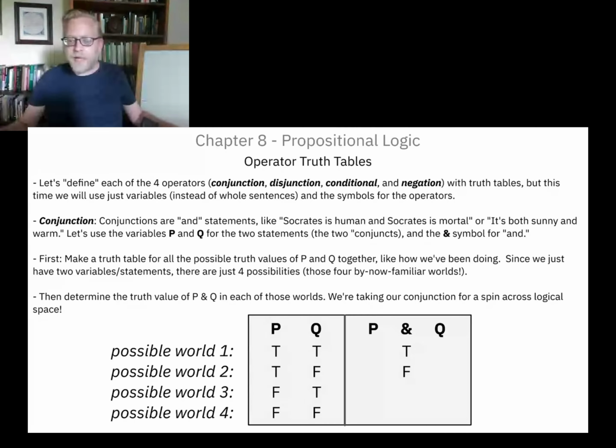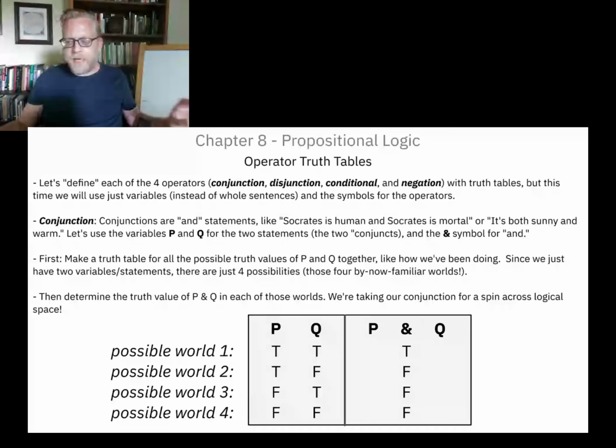But if I say P and Q, but Q is false, like in world two, then my statement is false, because an and statement is only true if both things are true. Same problem for world three. There, P is false, so then the whole thing's going to be false. And then possible world four, where they're both false. It's not sunny or warm, then certainly if I say it's sunny and warm, it's also false.